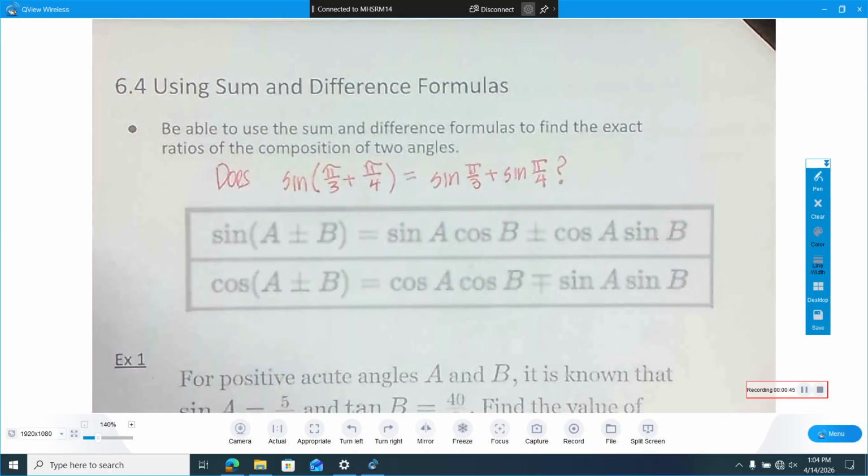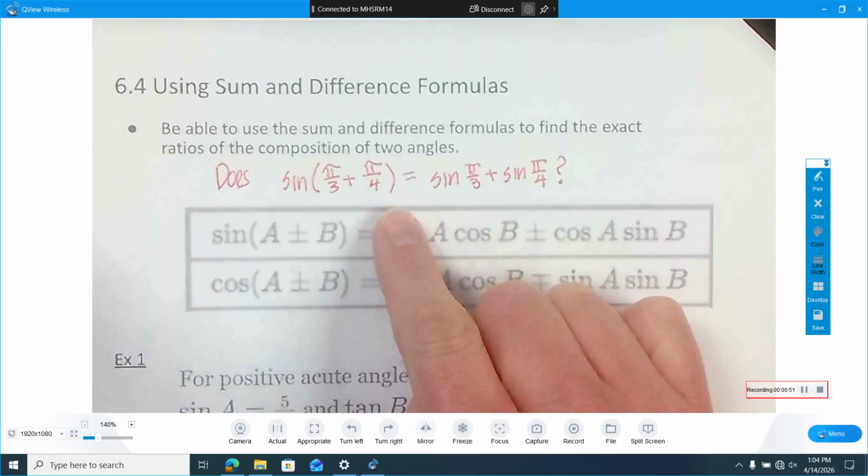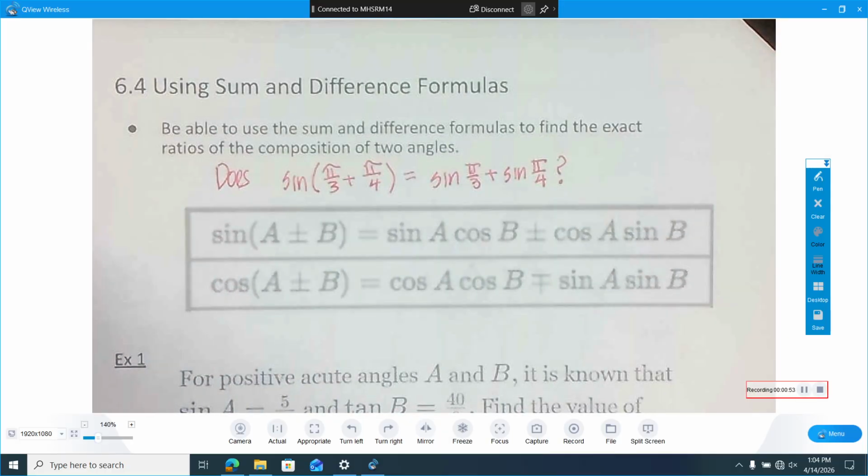Will you please use your calculator and tell me if the left side is equal to the right side? Plug it into your calculator. What do you think right off the bat? Do you think that they're the same? Good.